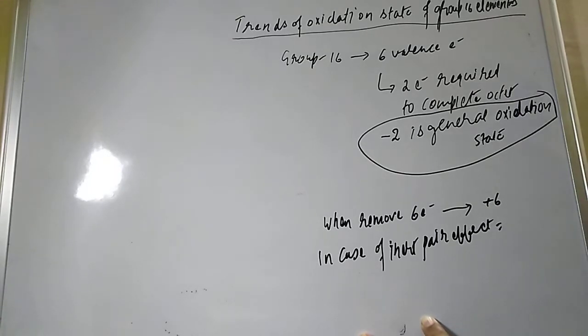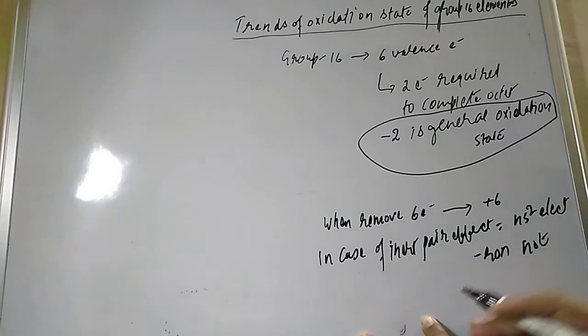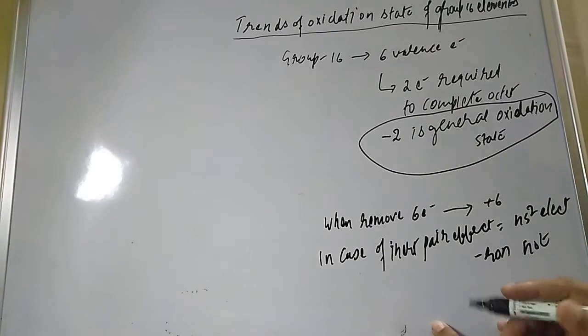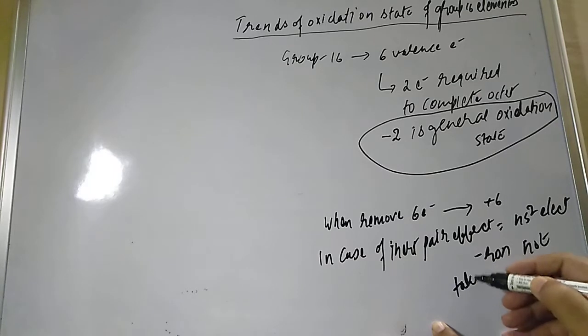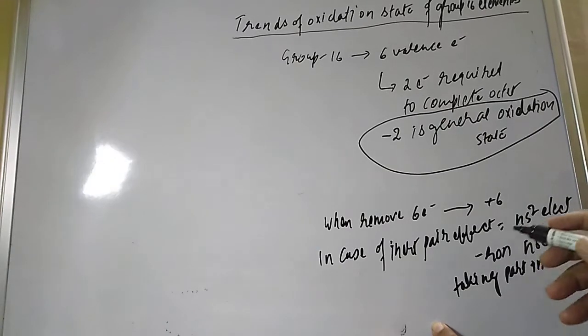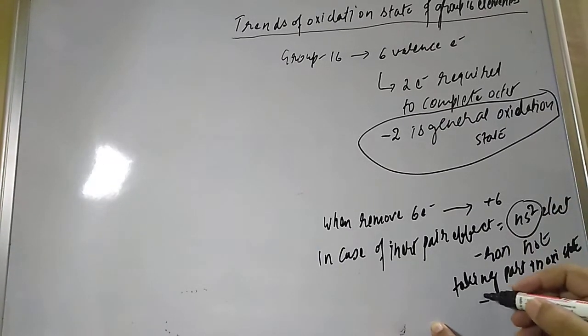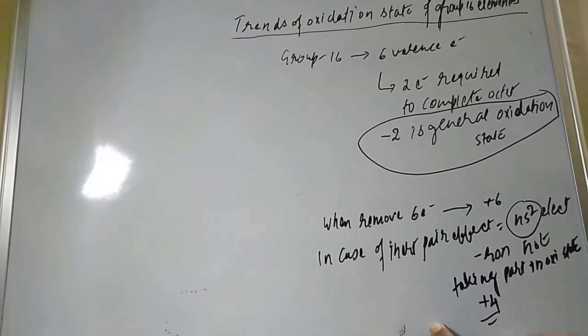The ns2 electrons do not take part in the oxidation state. So out of 6 electrons, how many are left? 4. So it will also represent the plus 4 oxidation state.